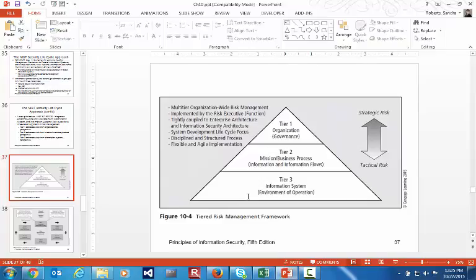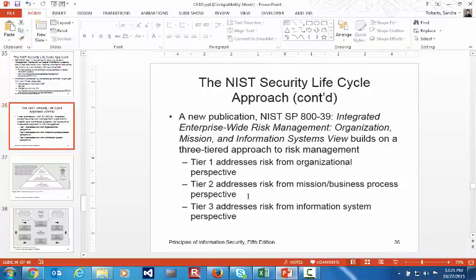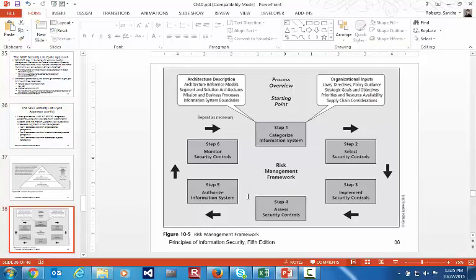So it goes from a strategic risk to a tactical risk. Tier 1 is the risk from the organization perspective. Tier 2 is from a business process perspective. And then Tier 3 from information security perspective.